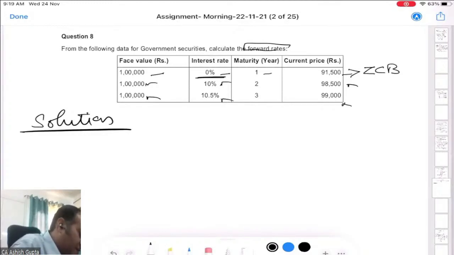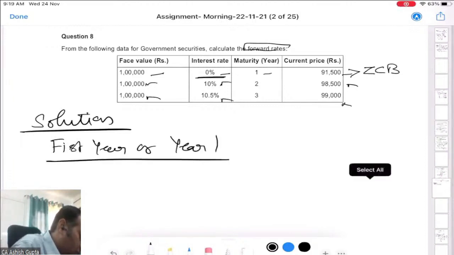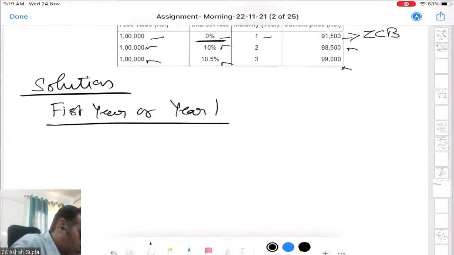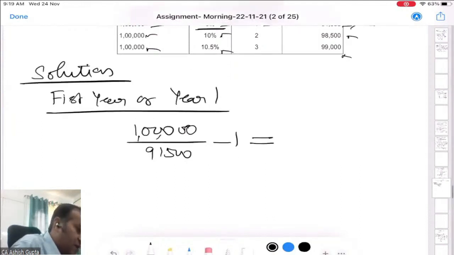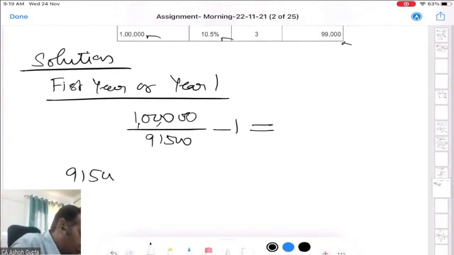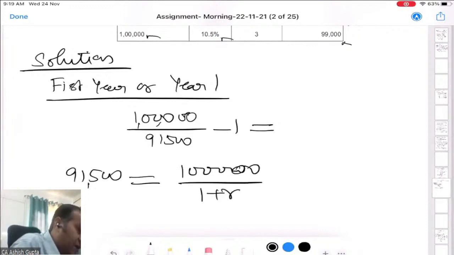So for the first year, simply speaking, 91,500 is equal to 1 lakh discounted by a certain rate.